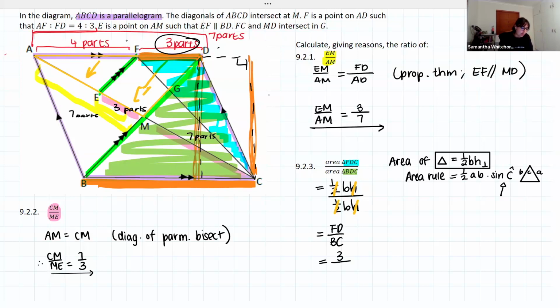So what do we know about AD and BC? What is their relationship with each other? No, you know this. Opposite sides of a parallelogram are?